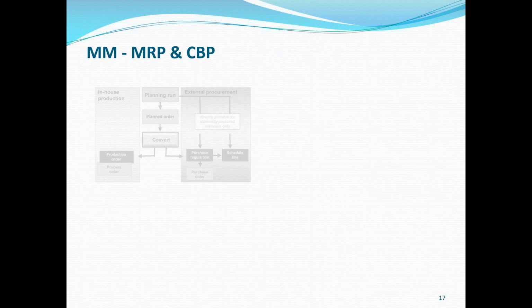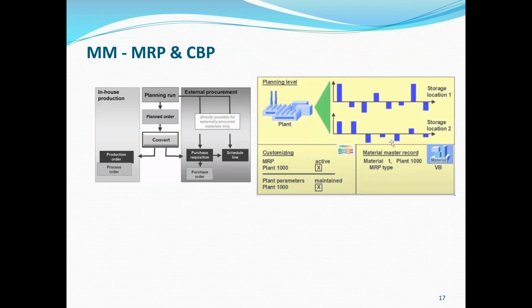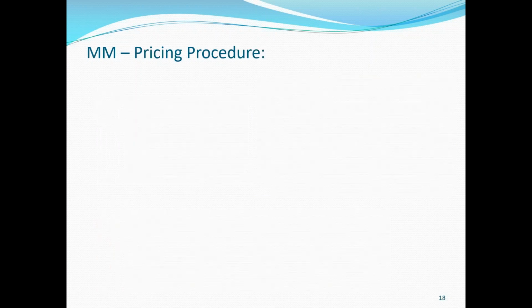When it comes to planning, we have materials requirement planning and consumption based planning. So that we will try to understand. And in the MM module, when we are creating the purchasing document, the system should be proposing the correct pricing, whatever we negotiated with the supplier, which we maintain in the purchase info record or in the contract.